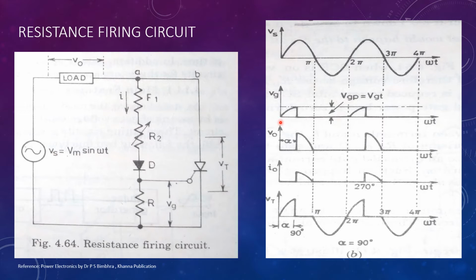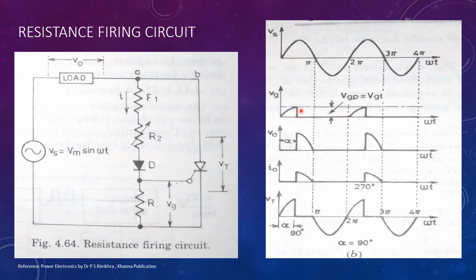It is seen that between omega t equal to 0 and omega t equal to 90 degrees, the gate voltage is below the gate trigger voltage. Therefore, the SCR will act like an open switch, and the entire source voltage should appear across the SCR as shown over here.